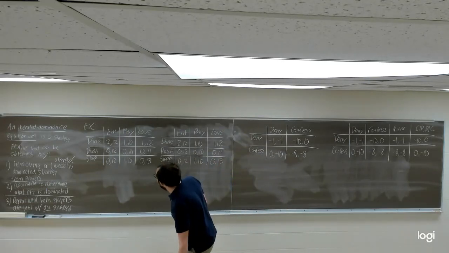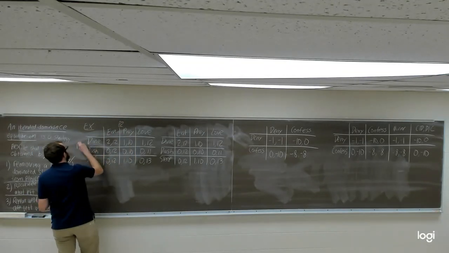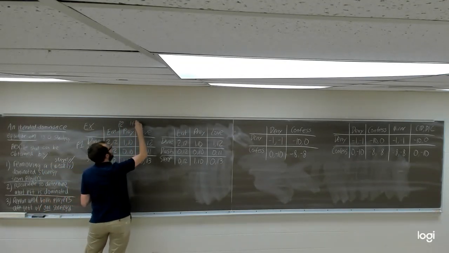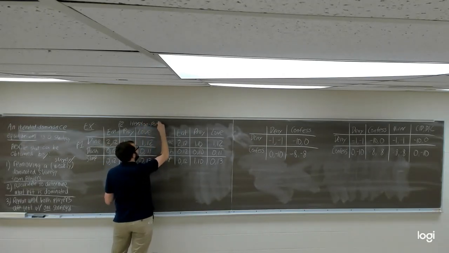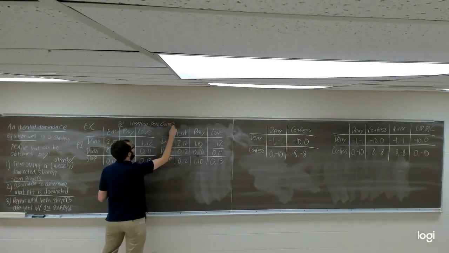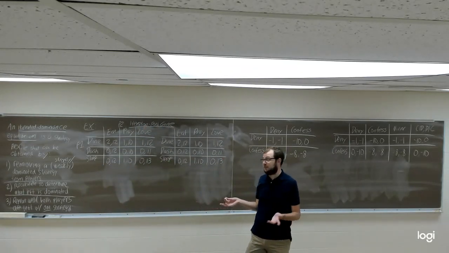So let's take a look at our iteration path game from last time, and see if we can find an iterated dominance equilibrium state in this game.